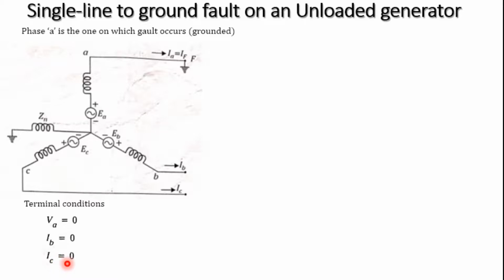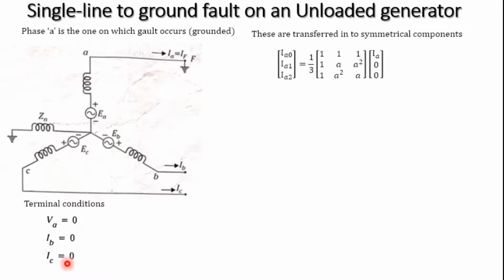So these three terminal conditions, in terms of the line currents and the phase voltages, are to be transformed into conditions in terms of the symmetrical components. There are two things we need to understand here. Either we transform the phase voltage in terms of the symmetrical components, or the phase current.